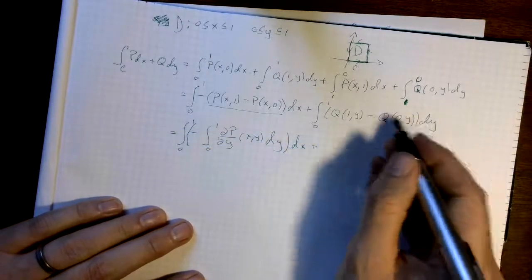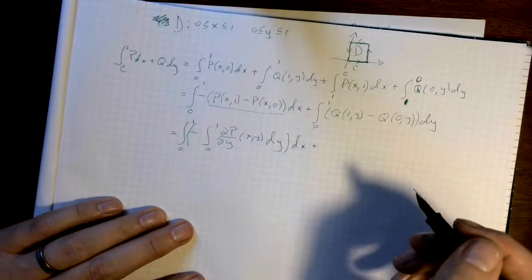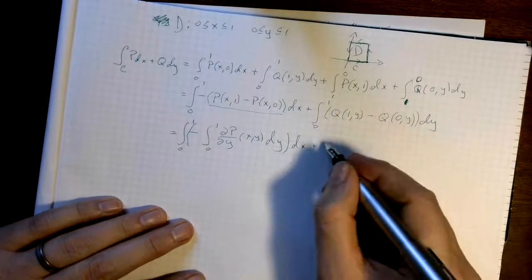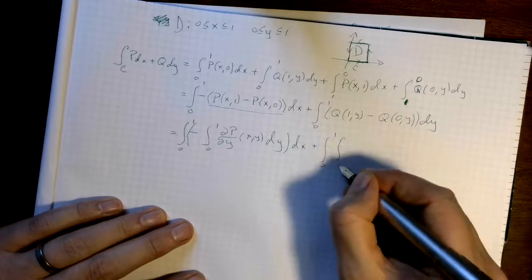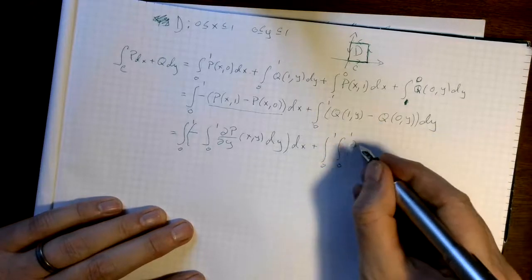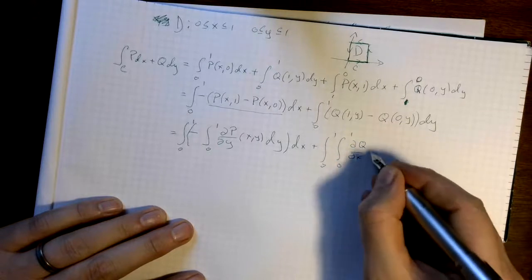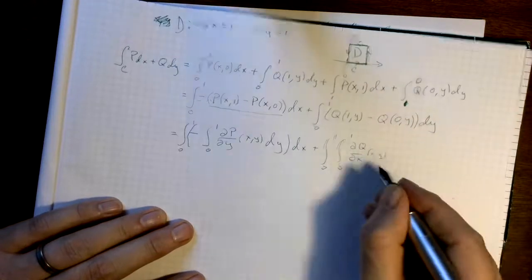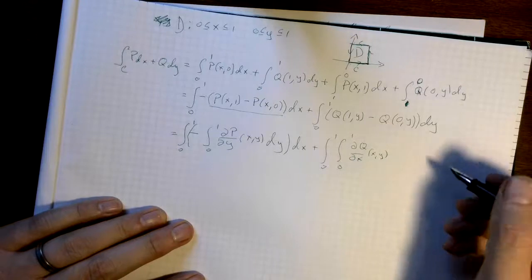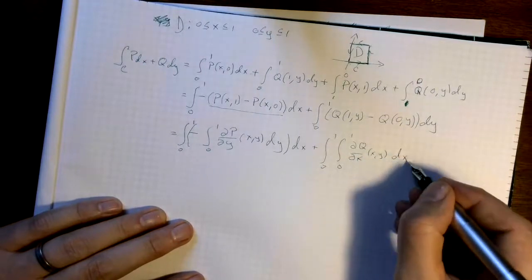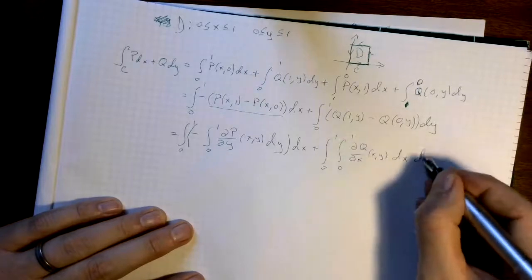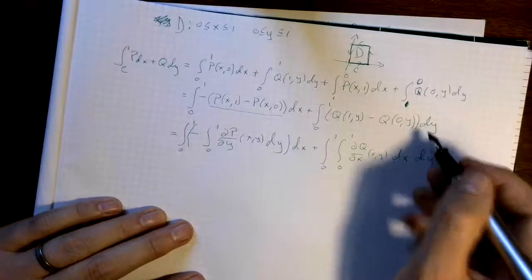The same thing over here, I think of q as a function of x for any fixed y. And then this is the integral of dq dx, right? So for fixed y, I'm integrating with respect to x, and then dy, because that's coming from here.